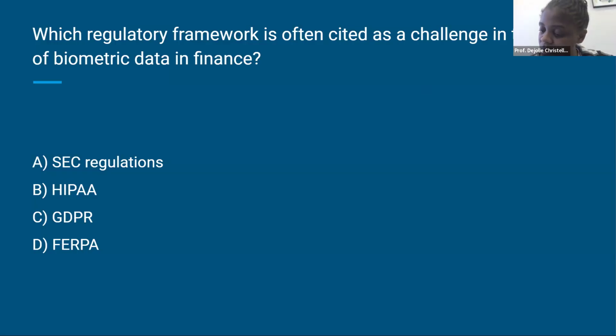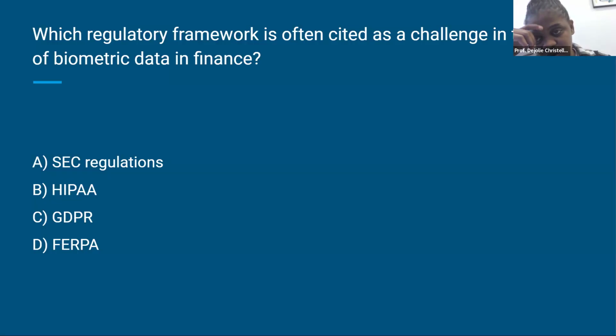Does someone know about the FERPA, which is the Family Educational Rights and Privacy Act? It's mostly in use for students. It protects the privacy of student education records.